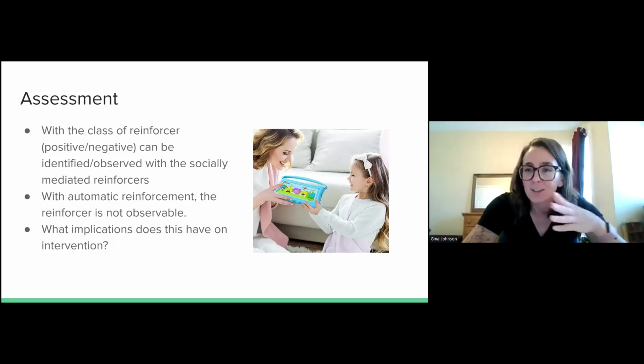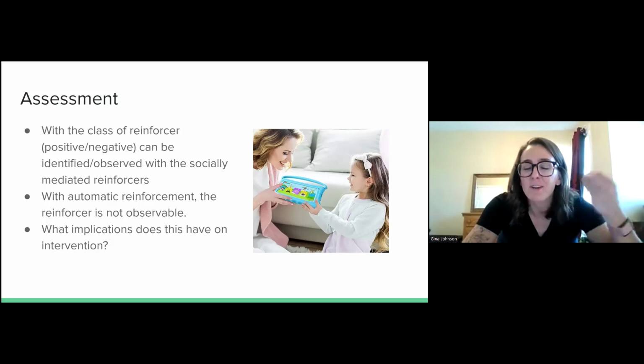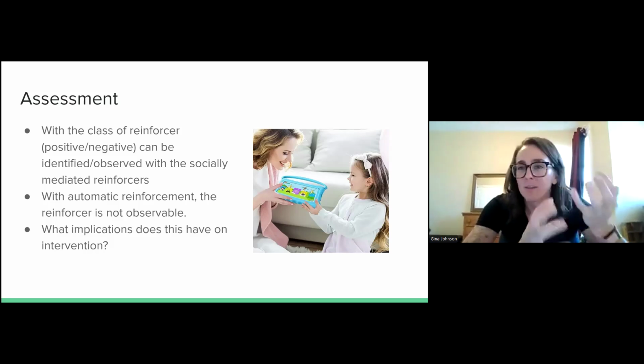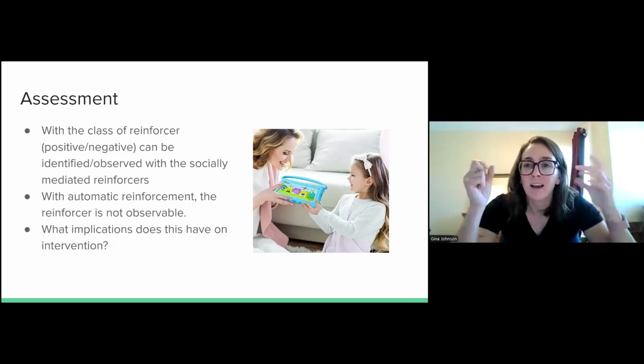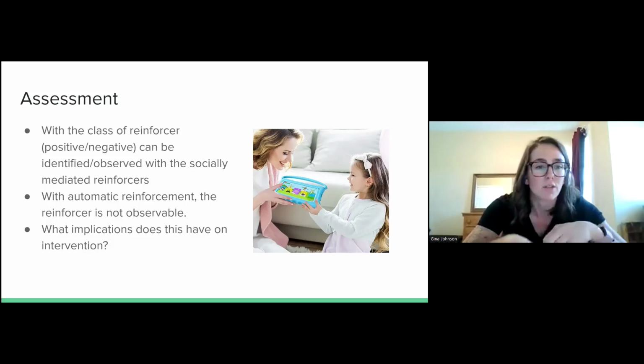If we do that initial analysis and say, oh, this is automatic, that just means we don't know what the reinforcer is, right? Even if we are pretty sure it's sensory, like a positive reinforcer of something that feels good, we still don't have a handle on what that is. We can't observe it. We can't know topographically what it is. So we can't replace it in the same way that we would with any of those other reinforcers.